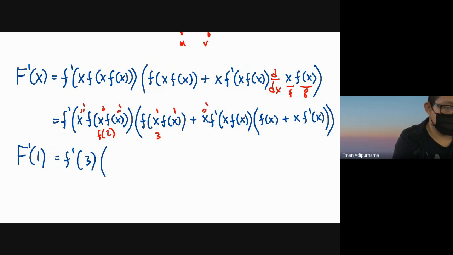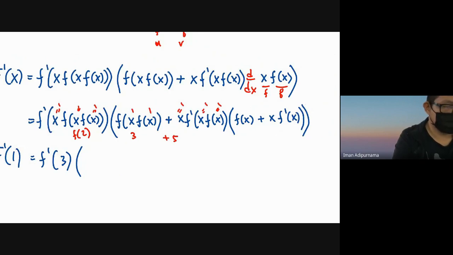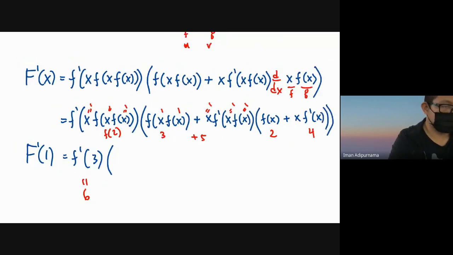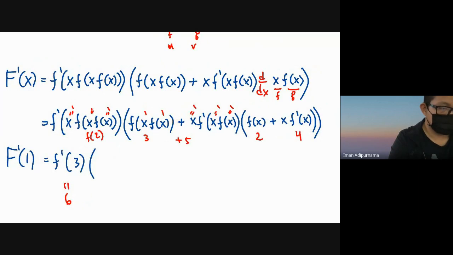This will be 1, 1, 1. f prime of 2 is 5. So this will be 5. f(1) is 2. 1, f prime of 1 is 4. So 6, 8, 48. f prime of 3 is 6. f prime of 3 is 6. 8, 48 by 8.